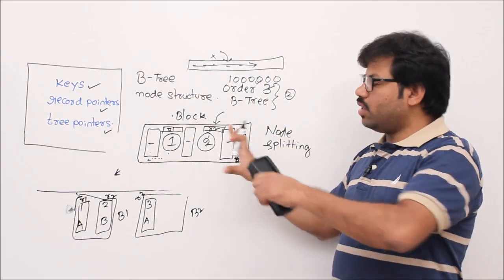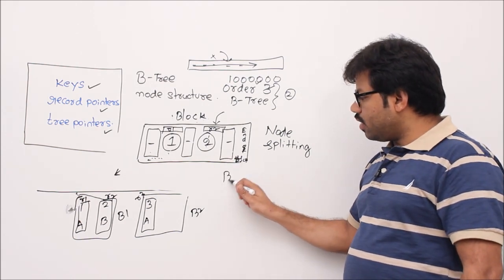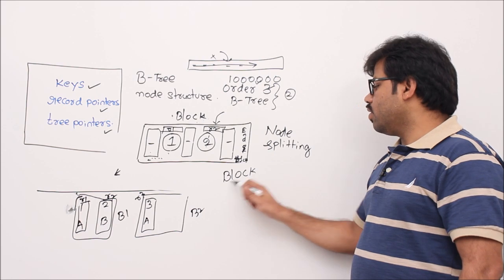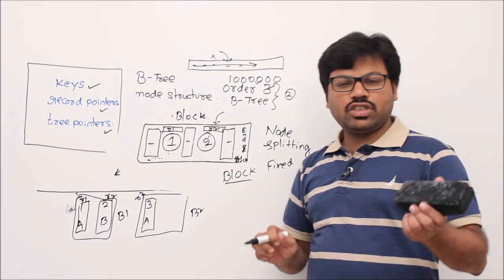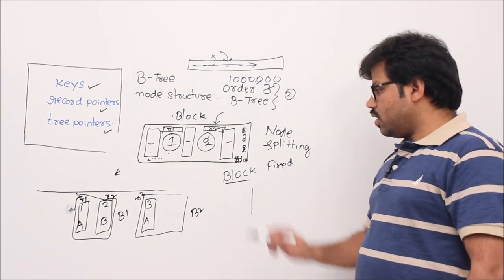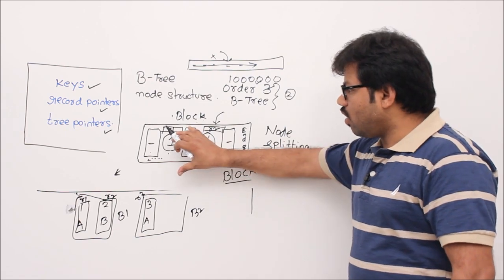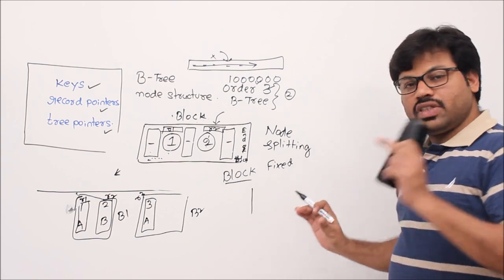Now come to databases. In databases also we have blocks, right? That block also has a fixed size. Now don't get confused between logical node and physical node. So far we are discussing just logical ideas, like how we can create a node. Now we'll come to the physical idea.